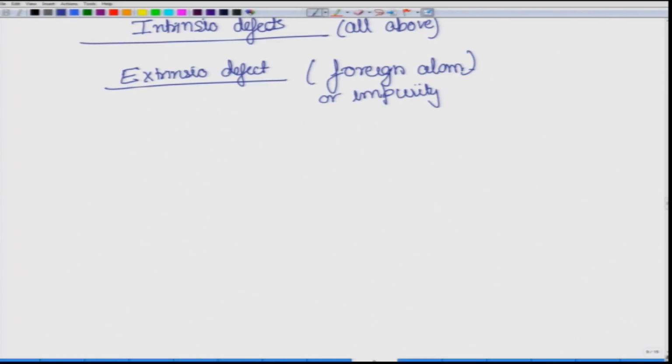Now, when we are talking about impurity, there are a few things to note. We are talking about a very small concentration. We are not increasing this concentration to the extent that we have to discuss solid solubility. We are much below that limit, and that is something that we have to remember whenever we are talking about impurity.